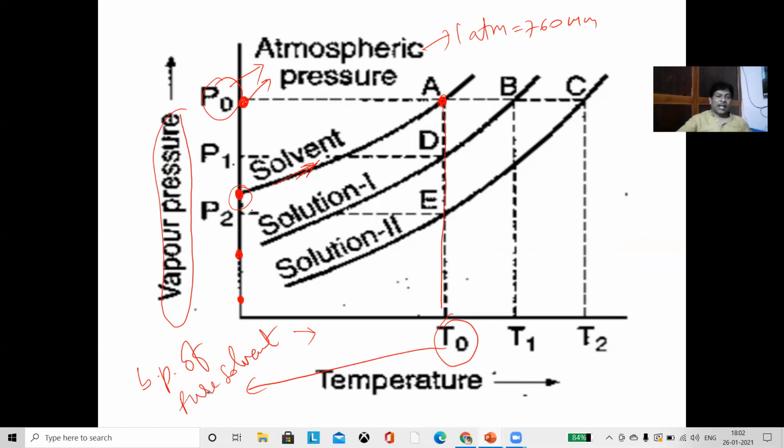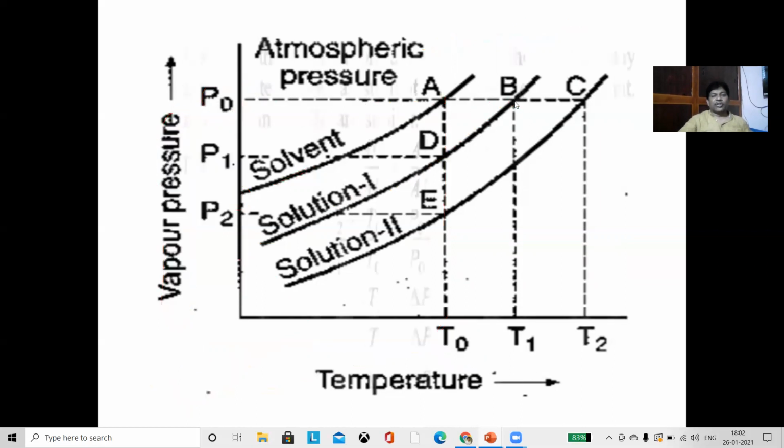Is that clear? Next, initially the solution 1 has this much vapor pressure. When you increase the temperature, the vapor pressure of solution 1 increases. At one temperature, the vapor pressure of solution 1 becomes equal to atmospheric pressure.